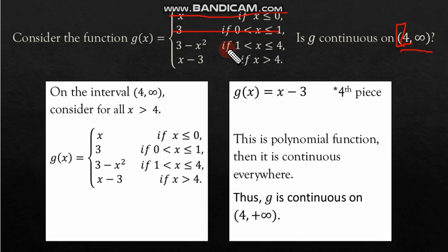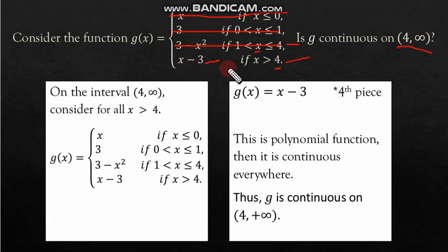According to our third piece, it evaluates where x is less than or equal to 4, so we should also rule out the third piece, leaving the fourth piece, which covers the interval from 4 to infinity, so x is greater than 4.